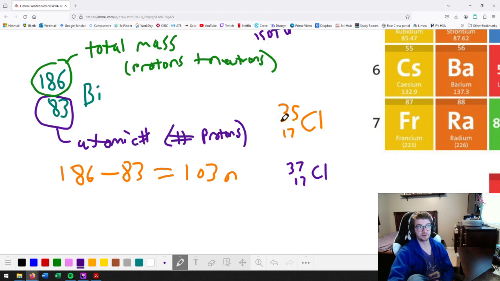So it can be 35 or 37. And when we're doing nuclear chemistry, we're dealing with exactly one of these at a time. Whereas if we're doing things just on the periodic table with normal natural abundances, then we use the mass number, which is the weighted average of the isotopes.